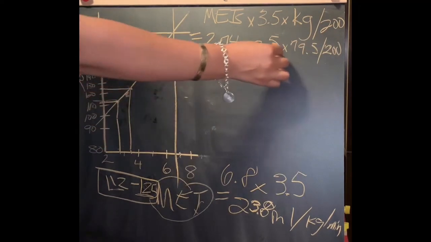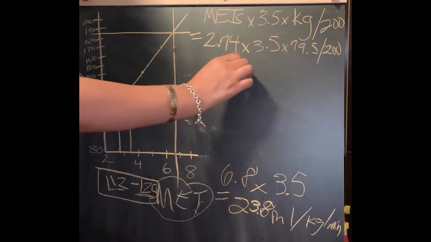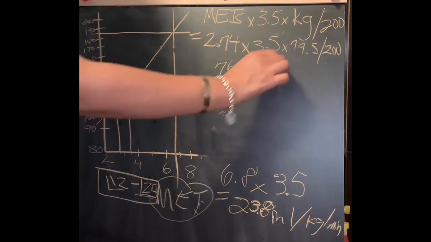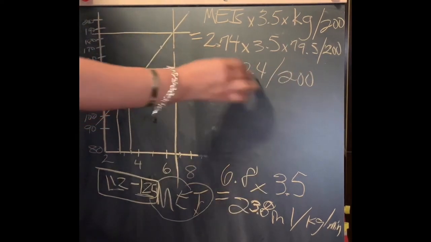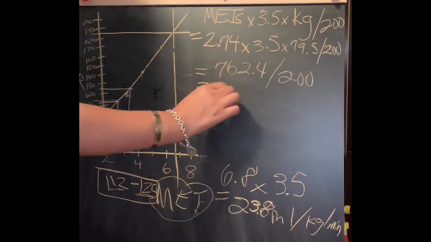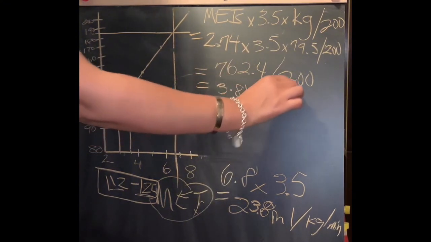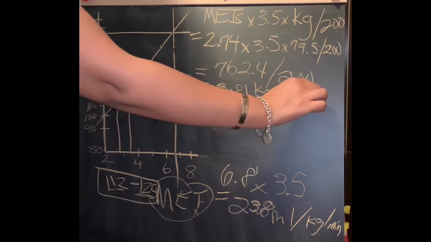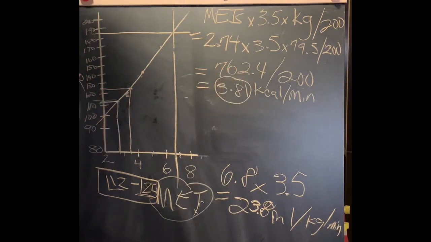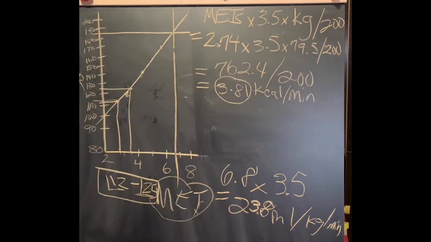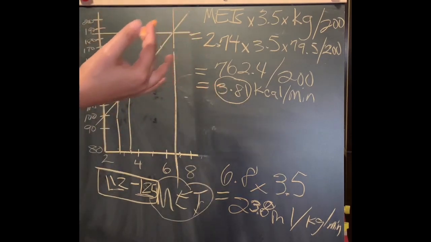All right, so 2.74 times 3.5 times 79.5 gives us 762.4, and divide that by 200. All right, and so that gives us 3.81 kilocalories per minute. So this is how many kilocalories that he is burning per minute. And we want to know how long he needs to cycle in order to burn 100 kilocalories.